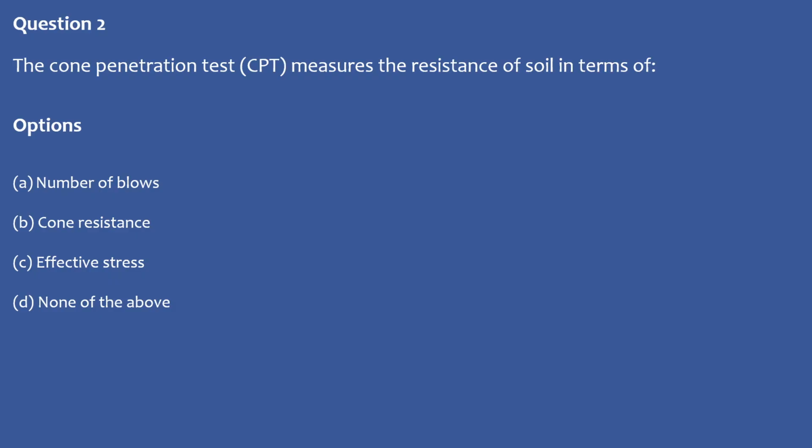The correct answer is B, cone resistance. So the CPT measures the resistance of the soil in terms of cone resistance.